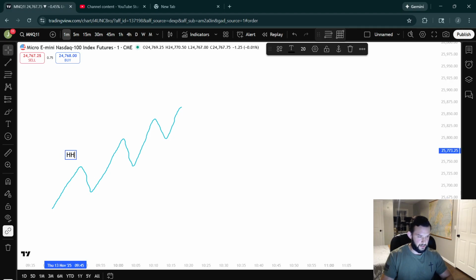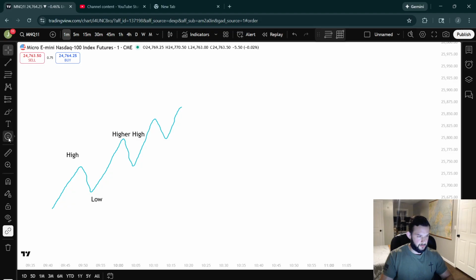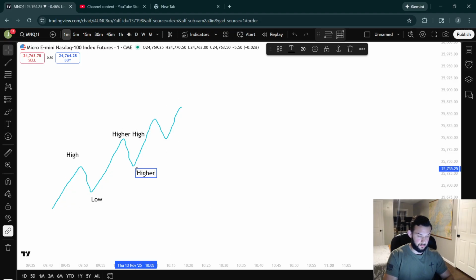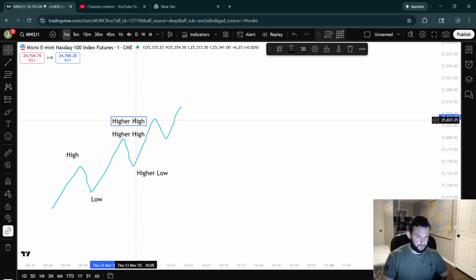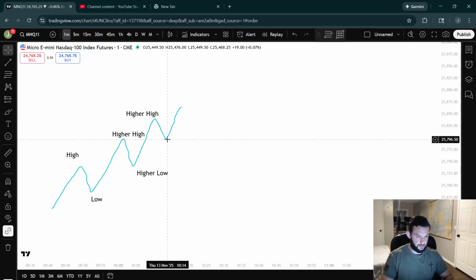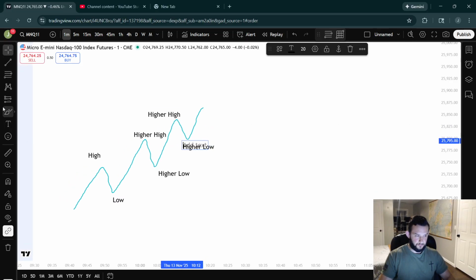We'll just call this one a high, and then this is a low, and then we have our higher high, higher low, and so on, right? So we're in this uptrend.